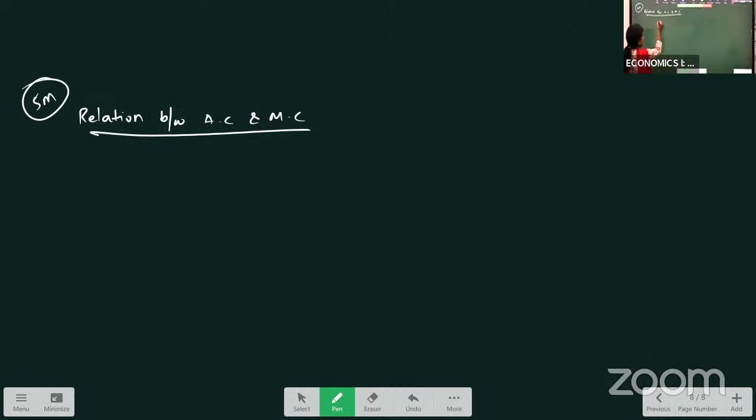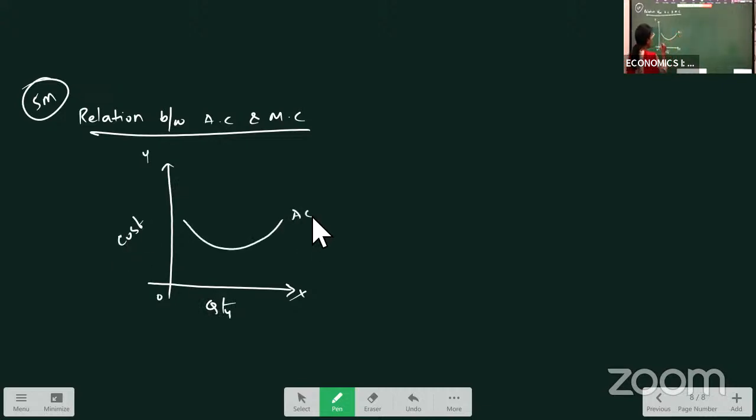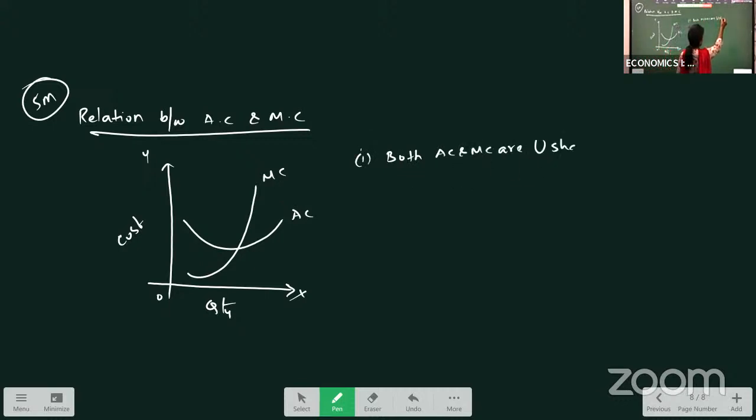That is, first you draw the graph here. On x-axis, we have quantity and on y-axis, cost. So if you see, this is average cost curve and this is marginal cost curve. Okay. So from this, what can we write as the relation here? First point, both AC and MC are U-shaped curves.